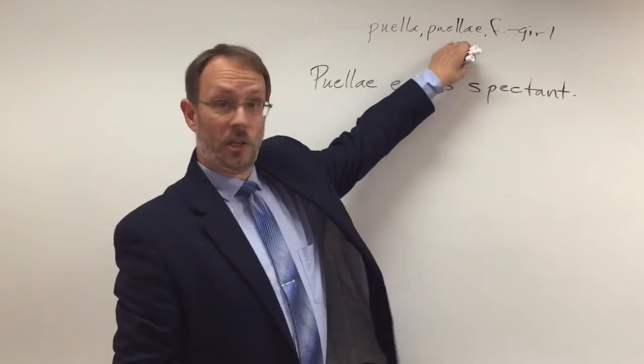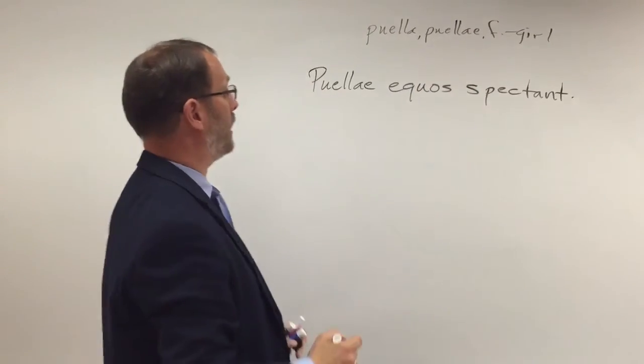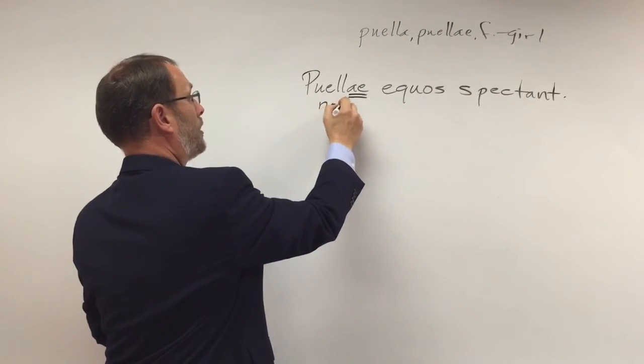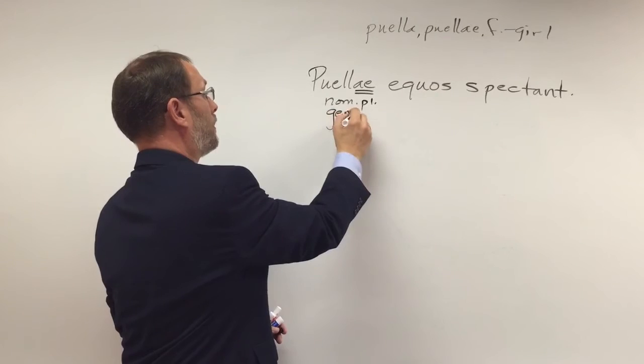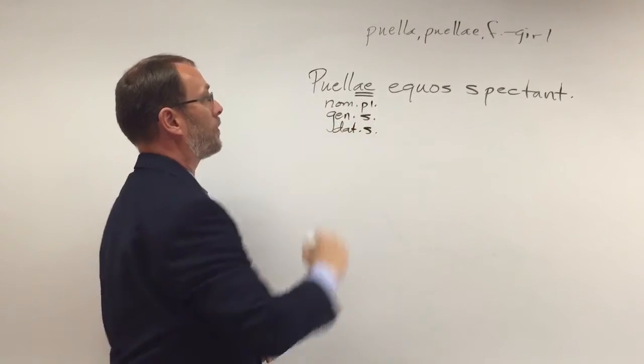Well, that AE tells me that's first declension. So if I look back at my first declension endings, I see that puellae could be nominative plural, could also be genitive singular, and it could also be dative singular.